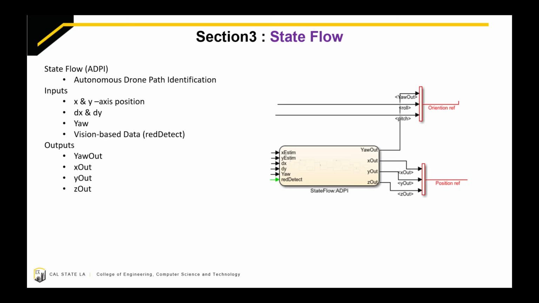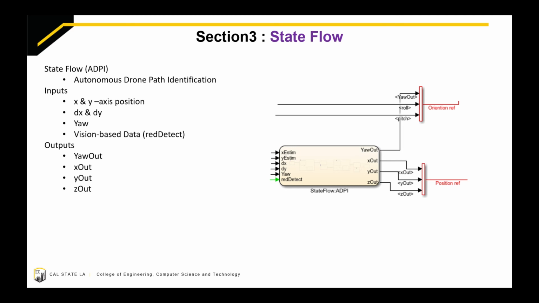The first 2 being the position x and y axis, and the velocity with respect to dx dy, which comes from the IMU data input. Next input being yaw value, which will be used to tell the drone to rotate, and the vision-based data intensity, which maps out the path.